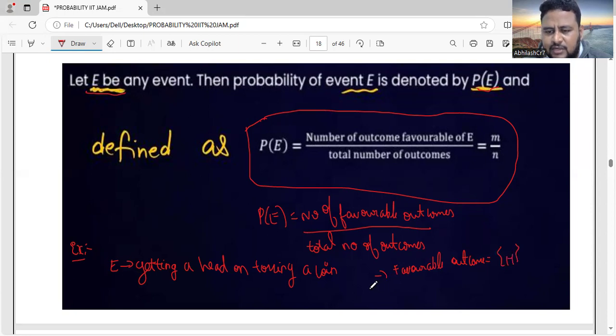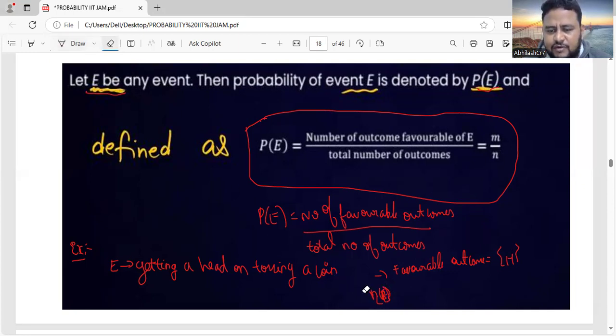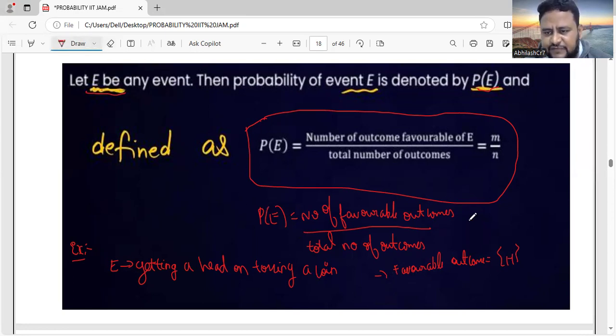The total number of outcomes we represent by n of S, the cardinality of S. And n of E means the number of favorable outcomes. We represent this as n of E, the cardinality of E, divided by n of S, which is the sample space.